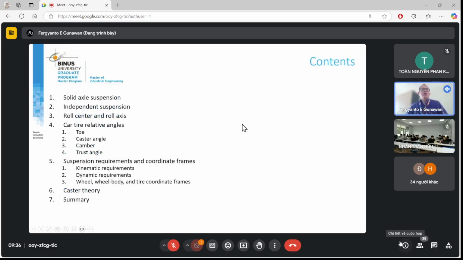Okay, we start with a traditional suspension, which is a solid axle connecting left and right, and there is no independent movement between left and right of the tire.